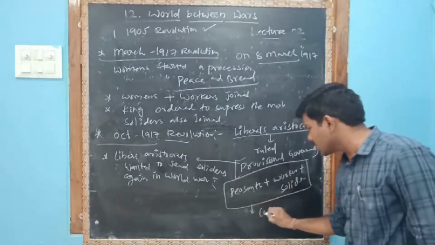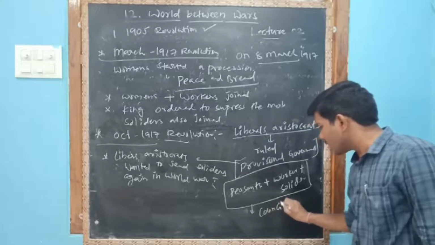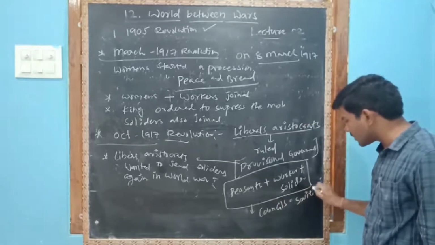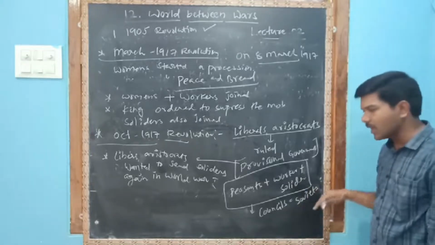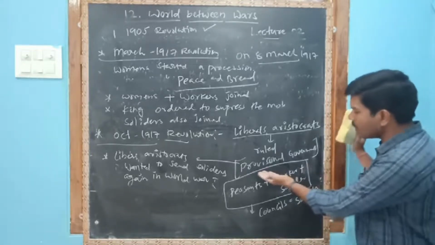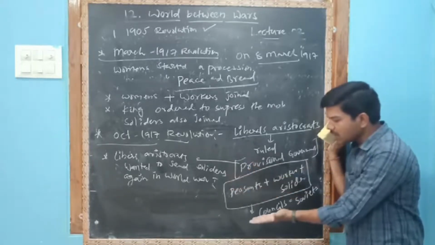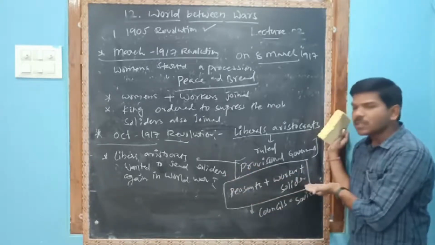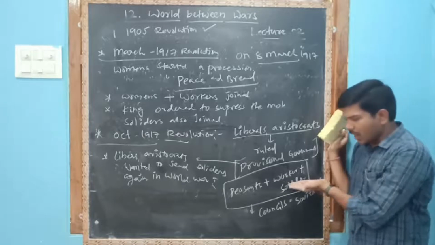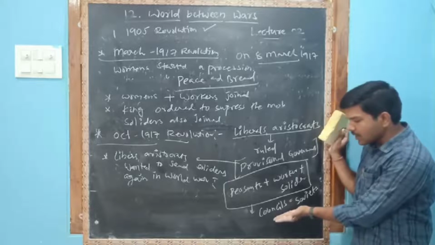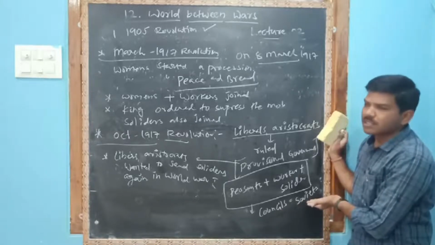These councils are also called Soviets. I repeat, the provisional government wanted to send the soldiers again into World War, but peasants, workers, soldiers didn't want to participate in war. Hence, they formed a council, a group of people. This council is also called Soviets.